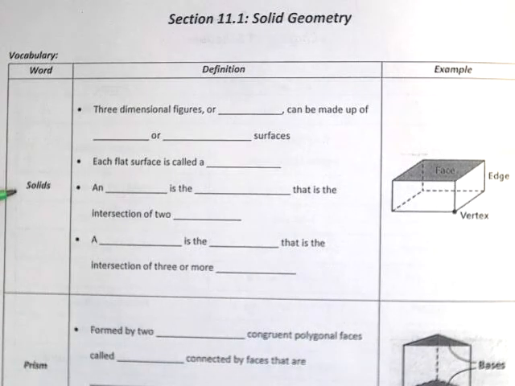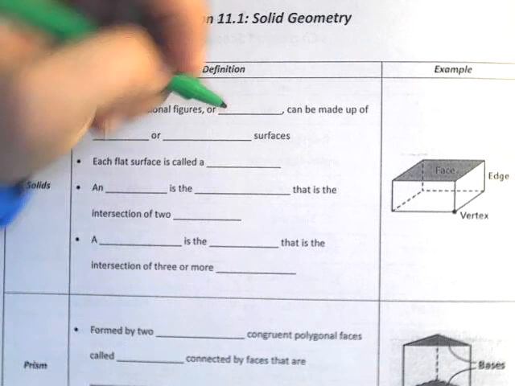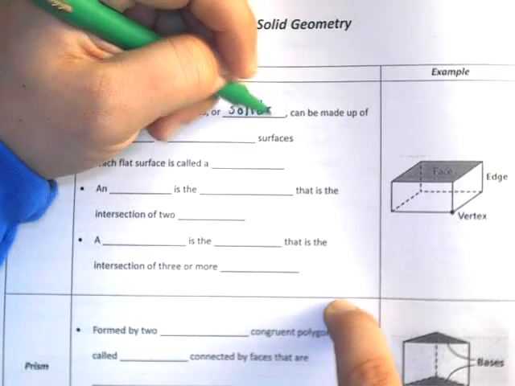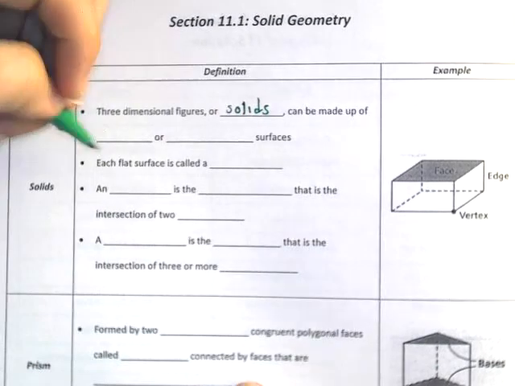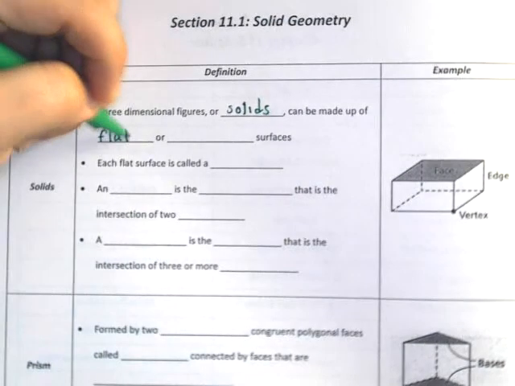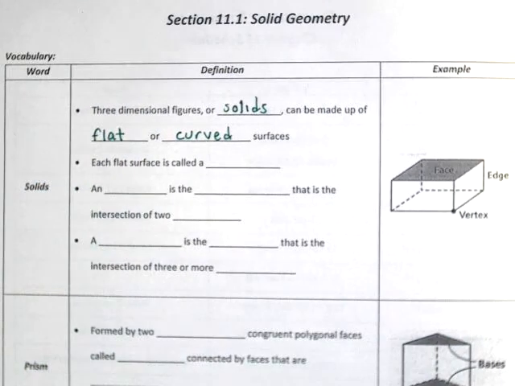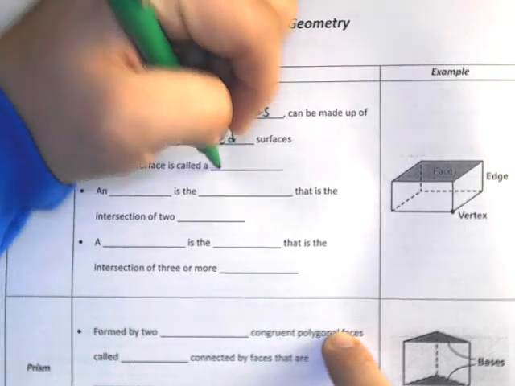Solids. Three-dimensional figures, or solids, can be made up of flat or curved surfaces. Each flat surface is called a face.